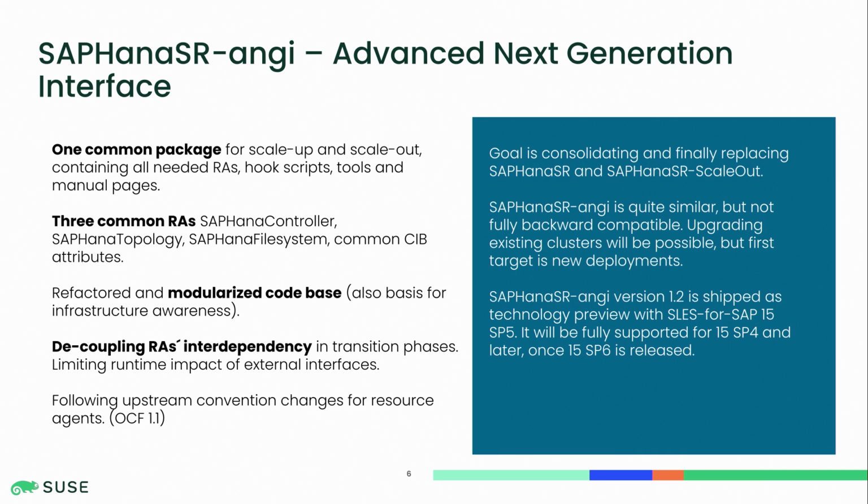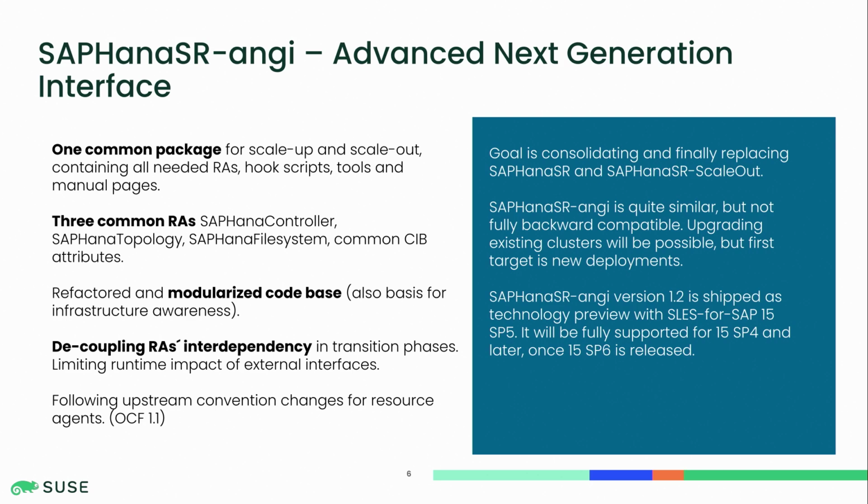So in future, you just need to install the SAPHanaSR-angi package, and then you can do scale up or scale out. You could even theoretically switch from a scale up to a scale out cluster with the same software installed. There are three common resource agents for both big scenario groups, named the SAPHanaController. So if you have scale up, your resource agent was named SAPHana.